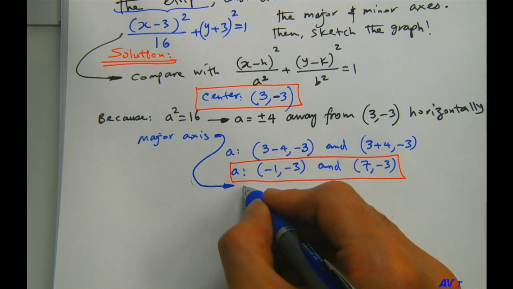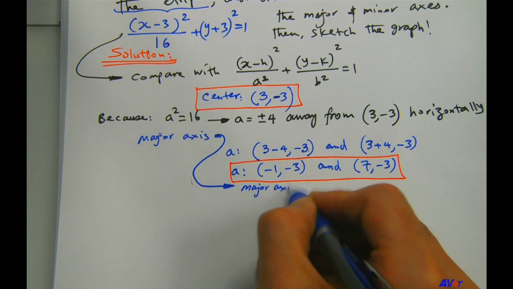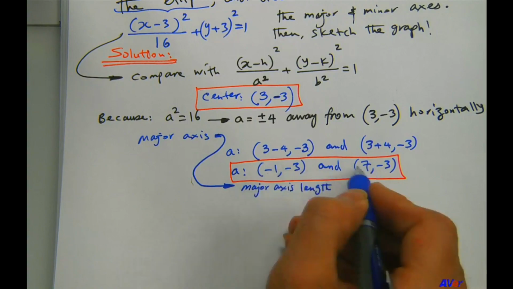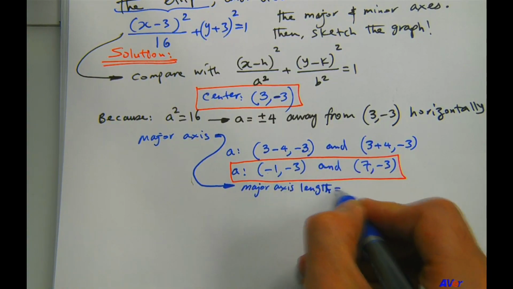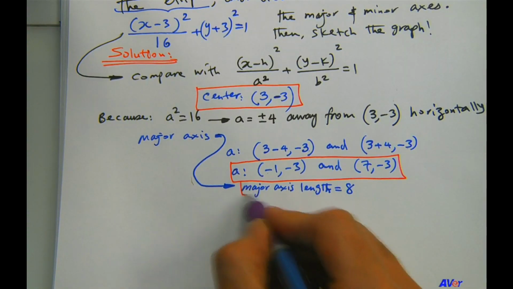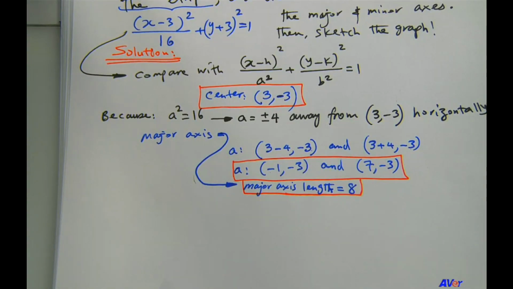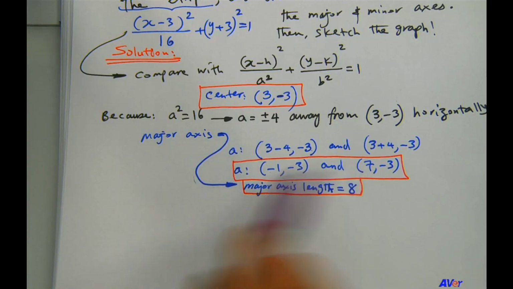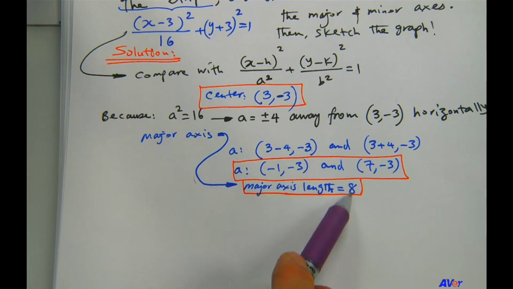So that is the major axis length, I should say. Those are the end points, right? So from here to here is 8 units. Everything that I'm boxing is the information that they're asking for here: the center, the vertices along the major axis, and the length of the major axis, which is 8.